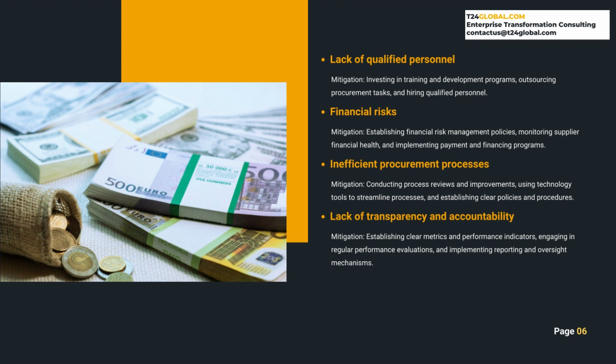Lack of transparency and accountability. Lack of transparency and accountability can lead to operational inefficiencies and increased costs. To mitigate such risks, organizations need to establish clear metrics and performance indicators, engage in regular performance evaluations, and implement reporting and oversight mechanisms.